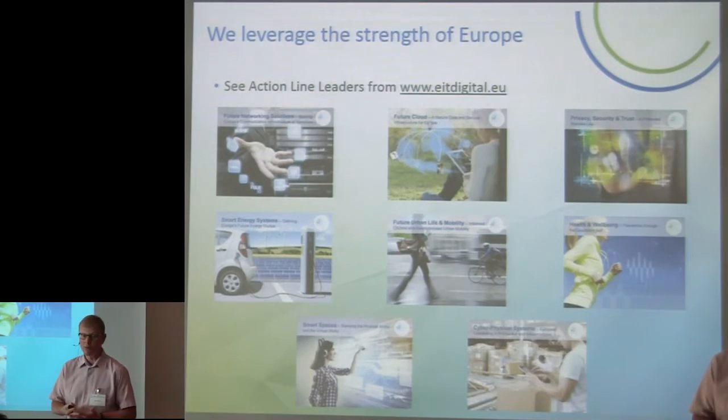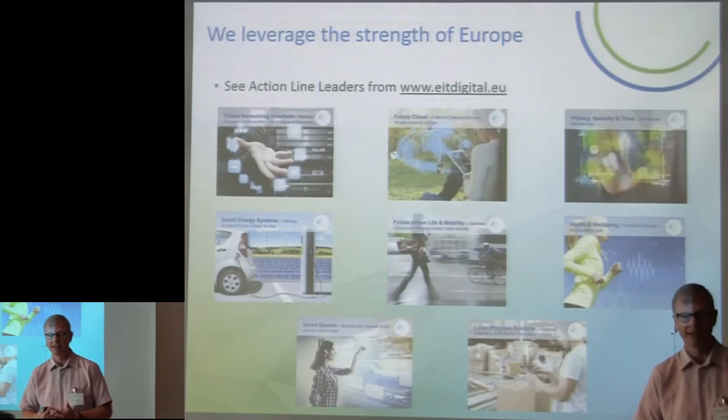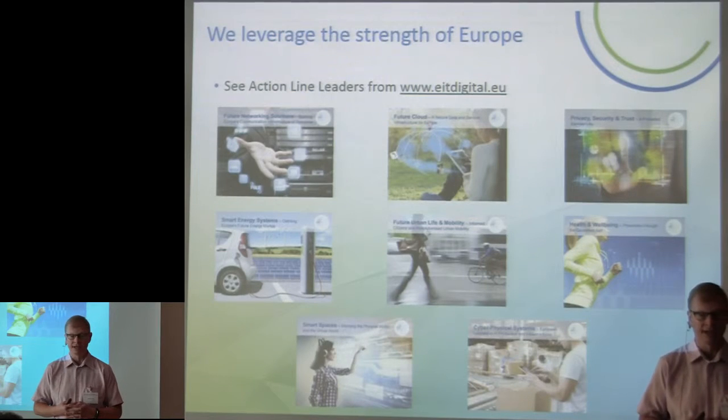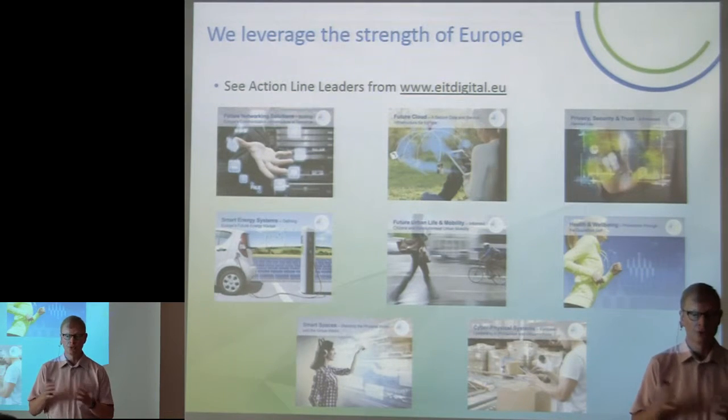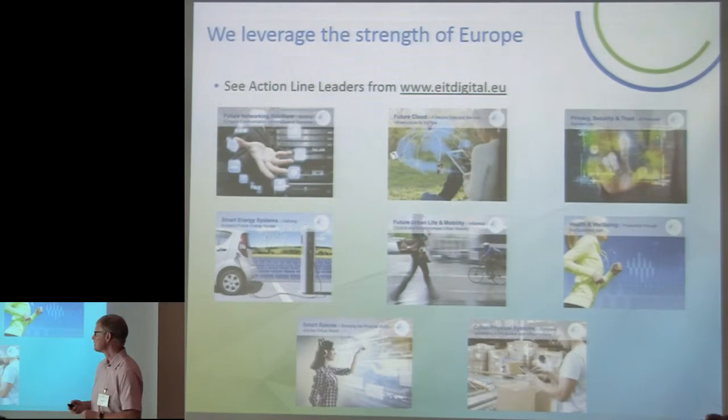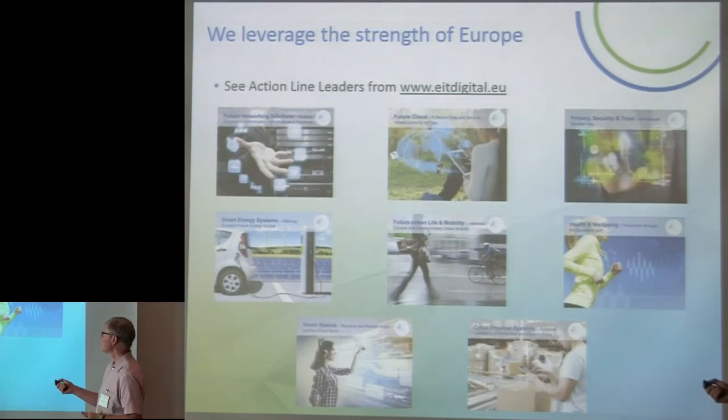What is common to all of these is that they utilize ICT technologies in a smart way. So we are building components for a smarter life. But feel free to have a look at what the other action lines are doing in practice.